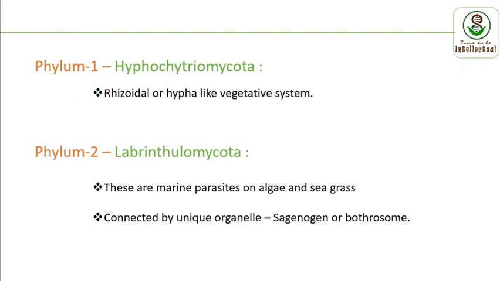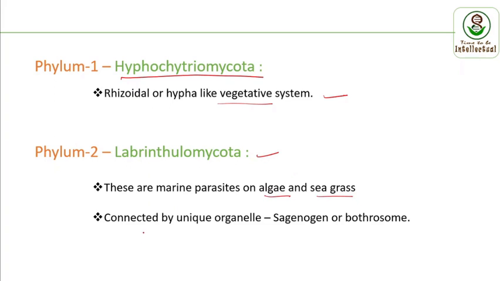Under this we see three very important phyla, as we discussed in the flowcharts. Let's begin the study of the phyla. Phylum 1 is Mycota. A rhizoid, hypha-like vegetative system is present in this. Just remember a few characters and the name if required. These Mycota are marine parasites on algae or some sea grasses.